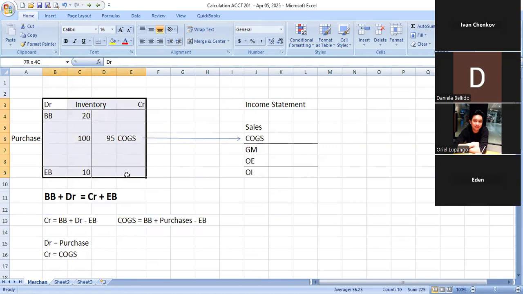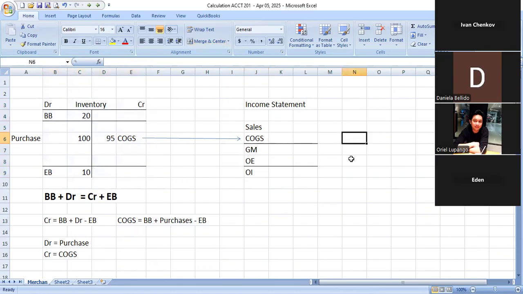When we work in a merchandising company, how are we going to get cost of goods sold? Cost of goods sold is going to be equal to the beginning balance of the inventory plus we're going to add the purchases.